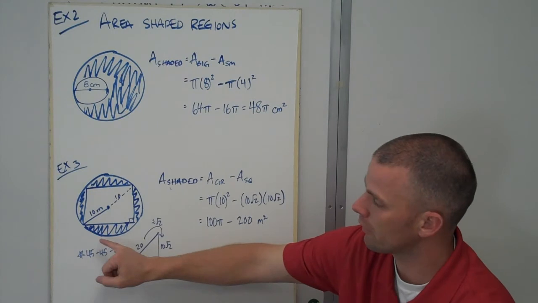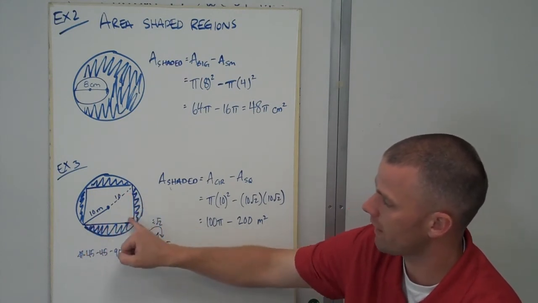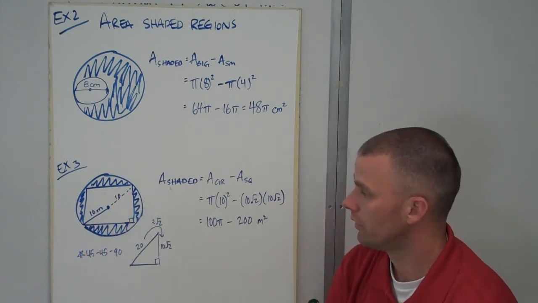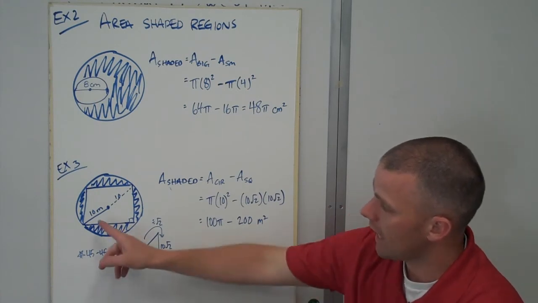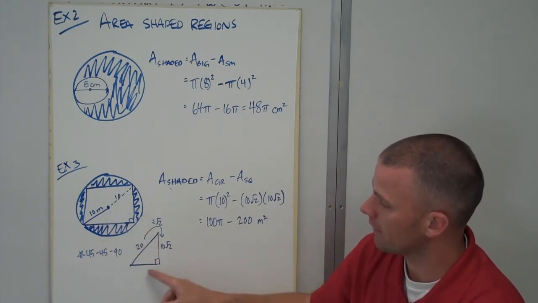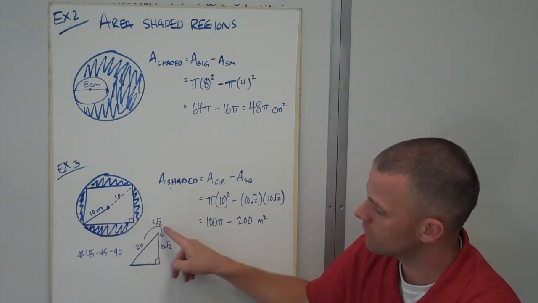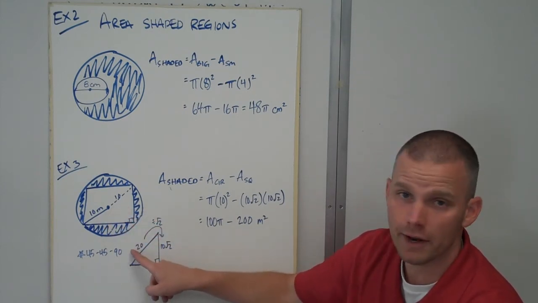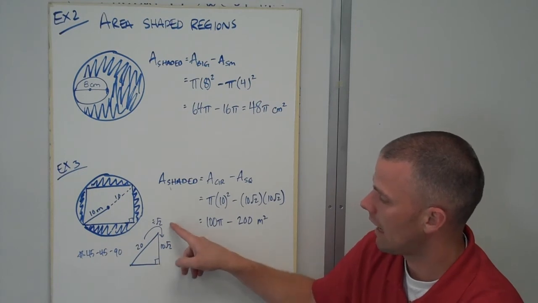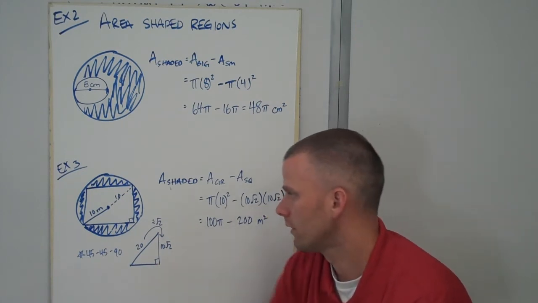Since this is a square, I'm going to have a 45, 45, 90 right triangle. Knowing that would allow me to figure out the length of the sides of the square. So if my hypotenuse is 20, to go from the hypotenuse back to a leg, I'm going to divide by radical 2.